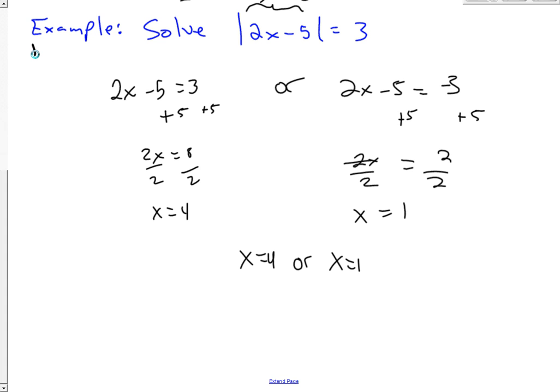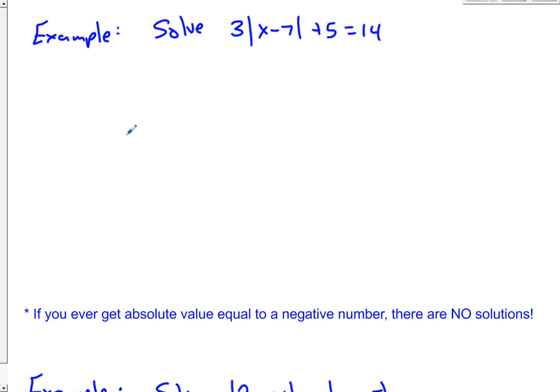All right, looking into another example. If we have this example to solve, 3 times the absolute value of x minus 7 plus 5 equals 14. We don't just have the absolute value here. We have other things on the outside that are affecting this problem.